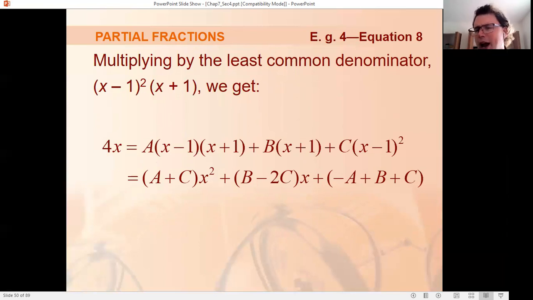You know what that tells me right off the bat, like immediately? A plus c equals 0. It just has to. There's no x squareds on the left, so there can't actually be any x squareds on the right either. Same thing with the constant term. There's no constant term on the left, so negative a plus b plus c has to be 0.